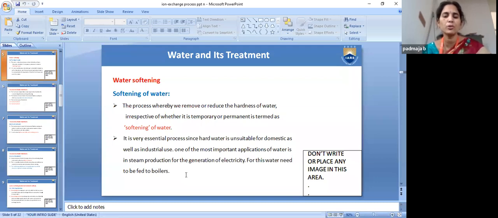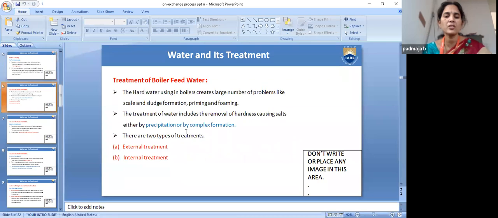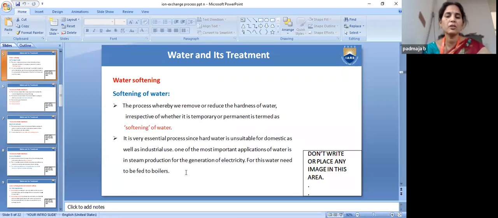Completely soft water we won't use, but moderately hard water is fine. In industrial use, we use water in boilers for steam production, and that steam is used to generate electricity.